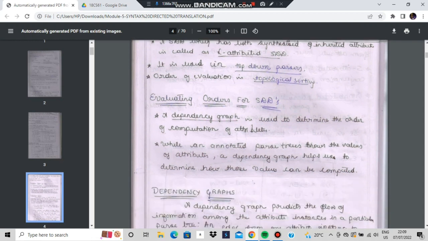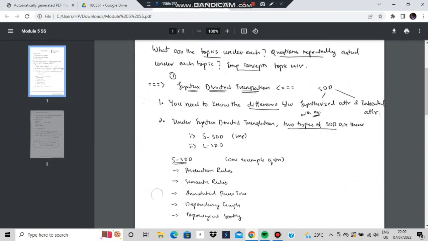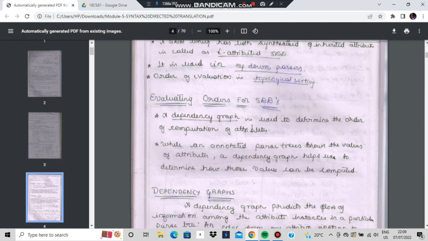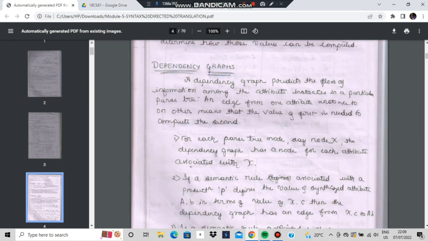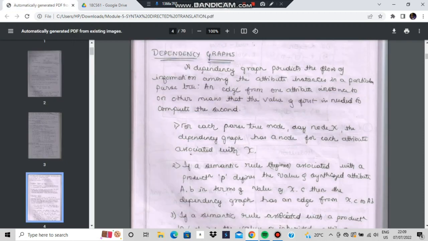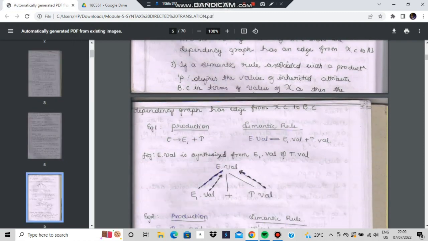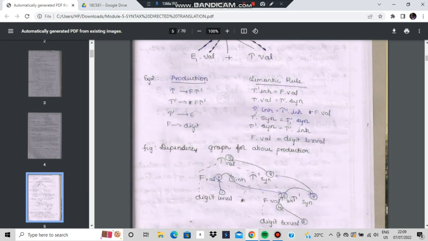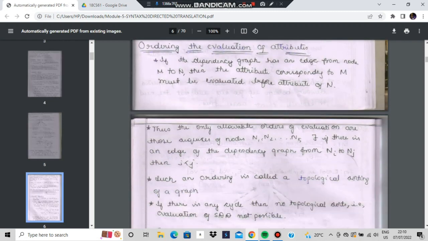Okay, then evaluation order, this is topological sorting. The last topic, topological sorting, is nothing but the evaluation they are talking about, and the annotated parse tree is also shown. Dependency graph is the fourth topic. So here is the dependency graph. All the topics you need to focus on are what I have mentioned. By using an example you will understand how to solve a question under this topic.